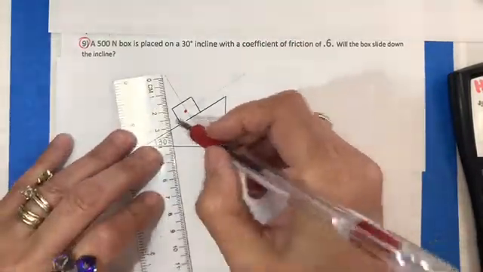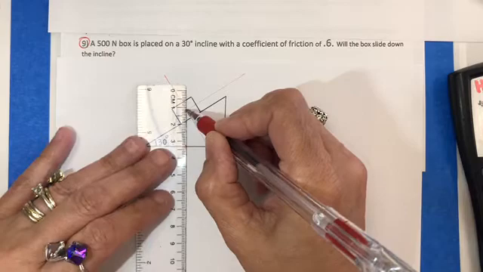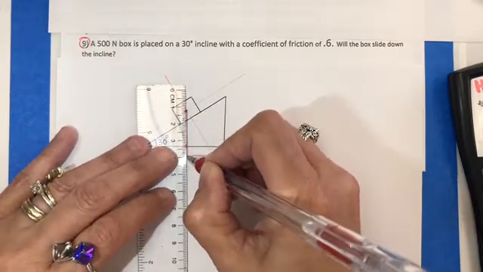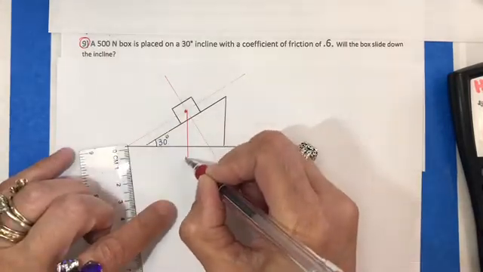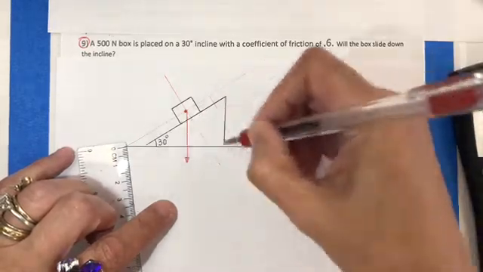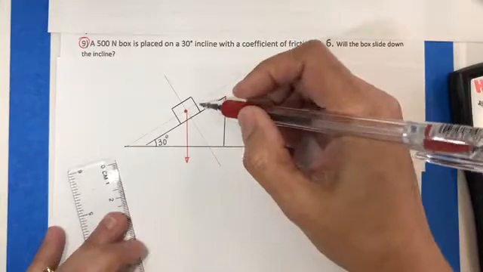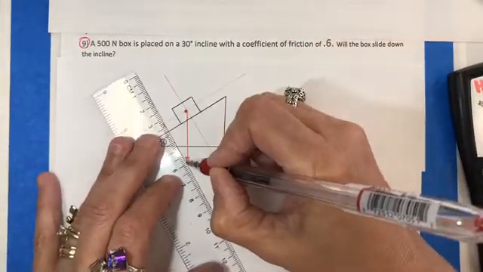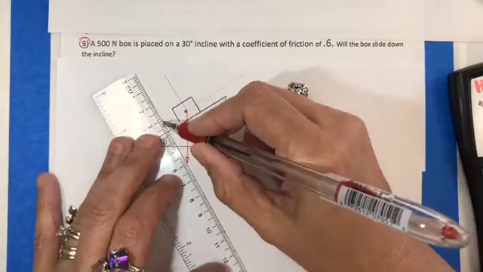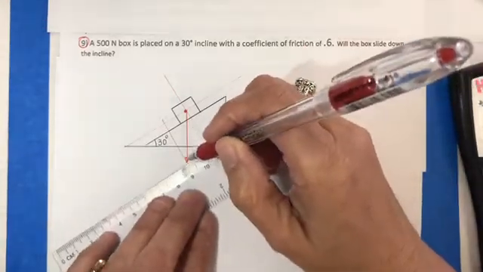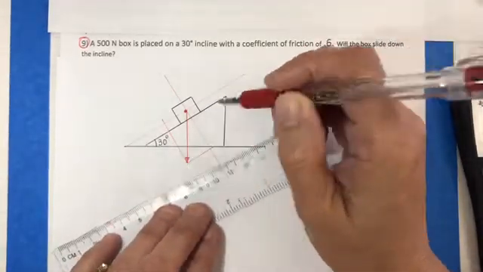Then I'm going to draw the weight force straight down, and I like to pass the incline, the triangle, and this is 500 Newton. Then I'm going to use the tip of this vector and draw another fine line to close this rectangle.